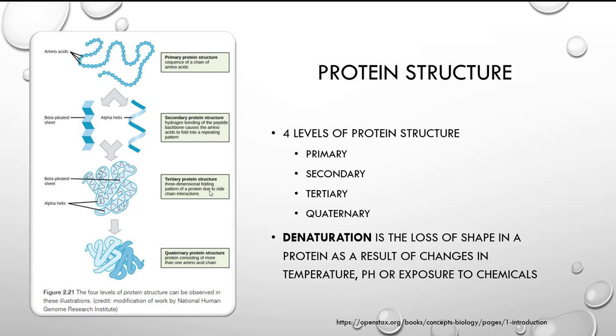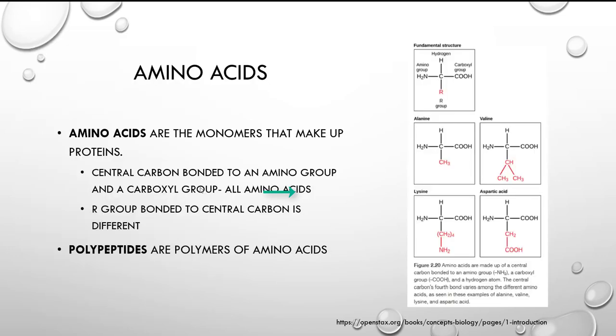Next come the R groups. Let me go back again. These R groups are going to start coming into play. Each one of these R groups has a different function. Some of them are acidic. If they're acidic, that means they're water soluble, right?